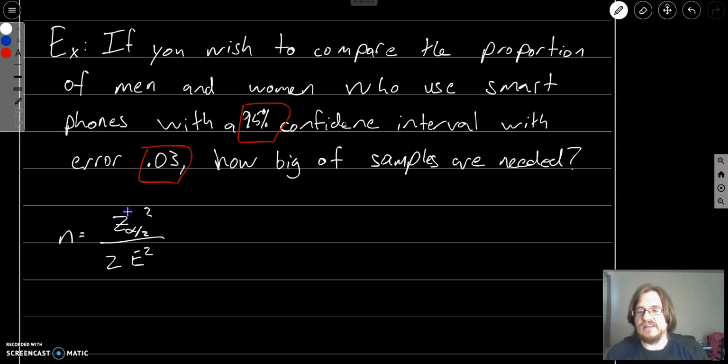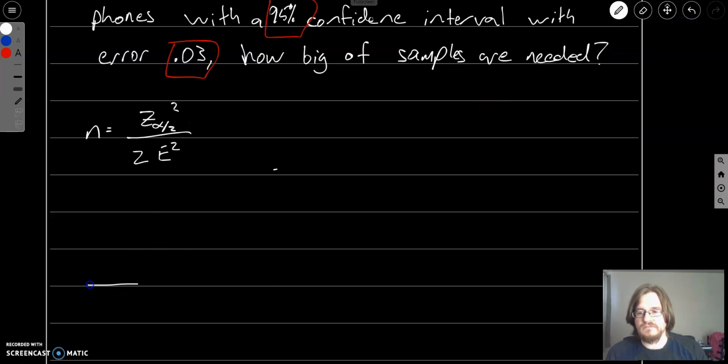When we look at this critical value, let me draw this on the next line. So with a 95% confidence interval, what we're saying is that we want 95% of the values to be in there. So what we need is the critical value, which should correspond to right here.